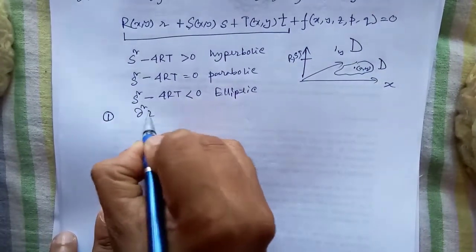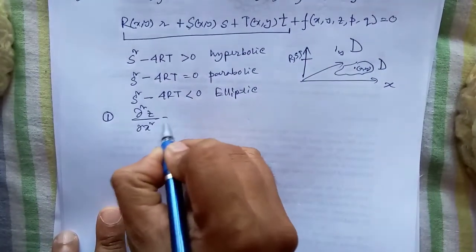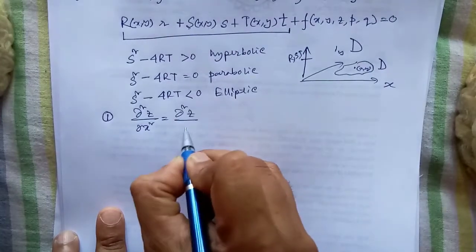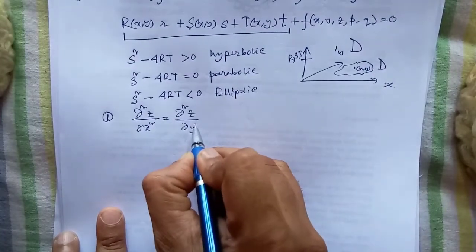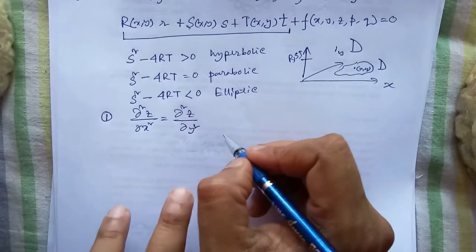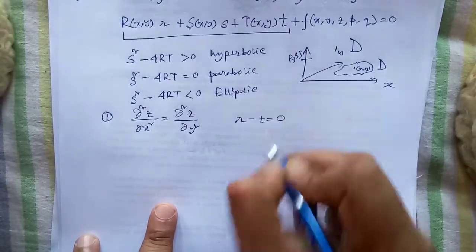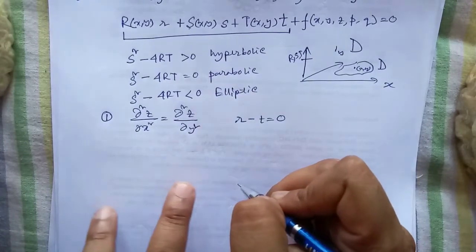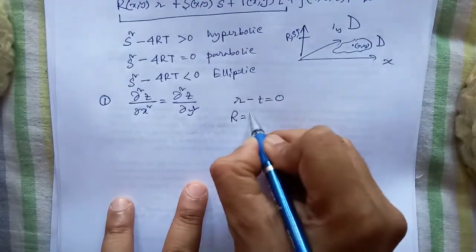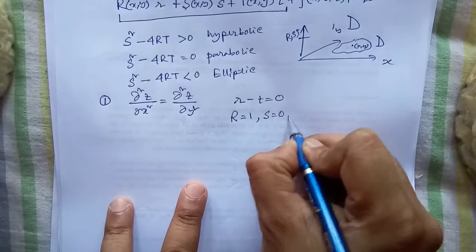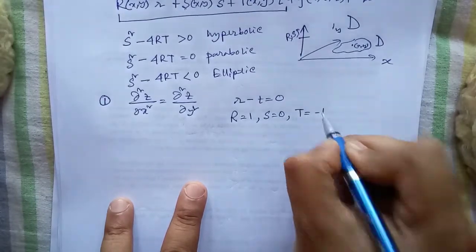This is given as del 2z del x2 is equal to del 2z del y2. If we write it simply, this is r minus t is equal to 0. Now point out that capital R is equal to 1, capital S is equal to 0, and capital T is equal to minus 1.